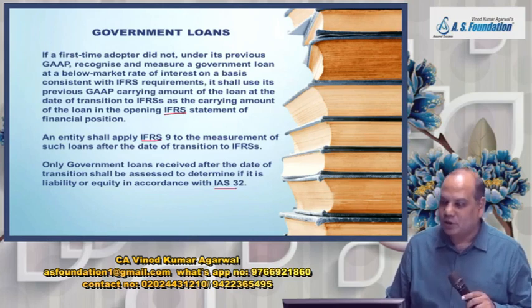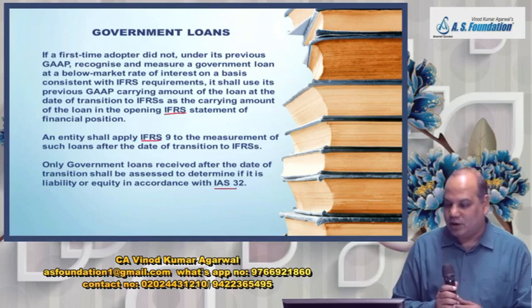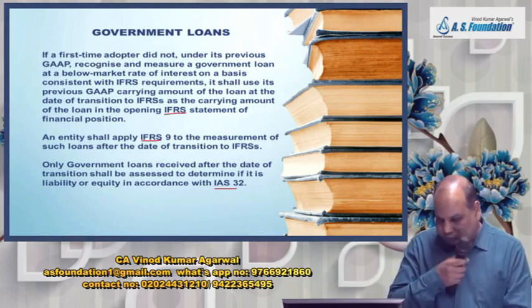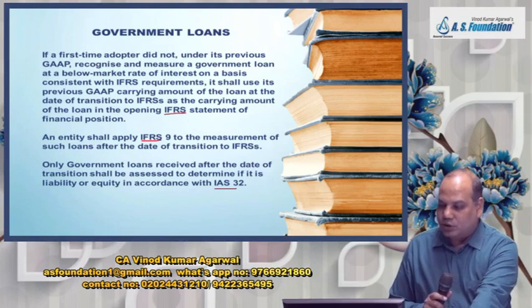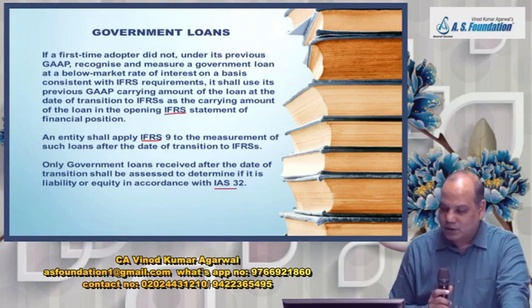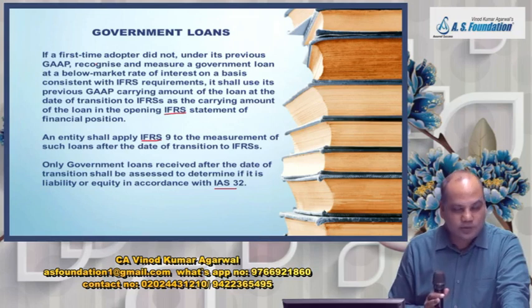If a first-time adopter did not, under its previous GAAP, recognize and measure a government loan at a below-market rate of interest on a basis consistent with IFRS requirements, it shall use its previous GAAP carrying amount of the loan at the date of transition to IFRS as the carrying amount of the loan in the opening IFRS statement of financial position. Same loan you carry forward.